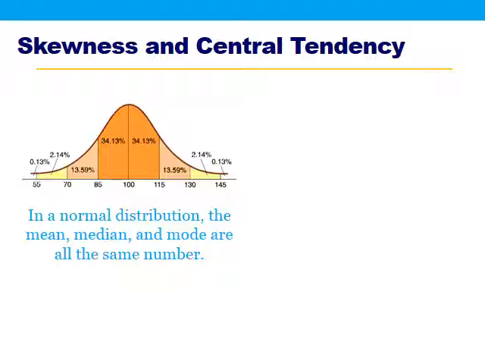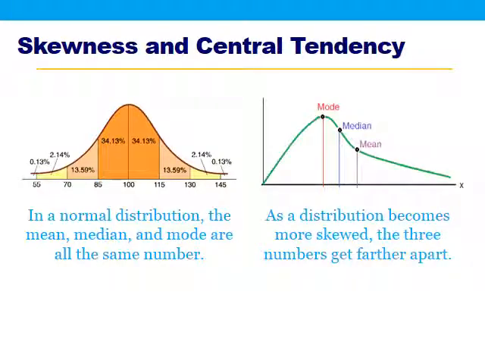Now, we also talked in the last video about skewed distributions, positively skewed, negatively skewed. As a distribution gets less symmetrical and more skewed, these 3 numbers move apart. So what we have here is a picture of a positively skewed distribution where we have a much longer tail on the right. So this might be a graph of something like income, for example. Now, the mode is always going to be the highest point on the curve.